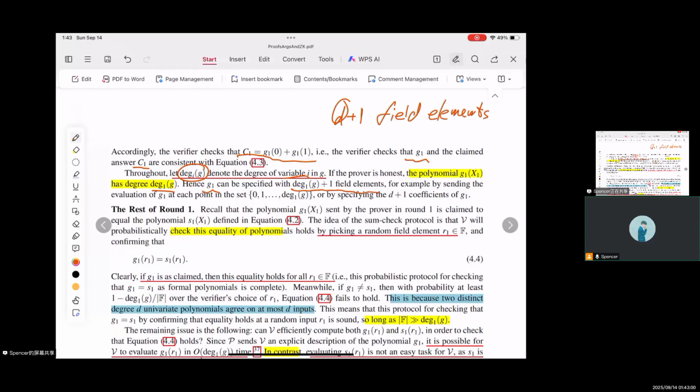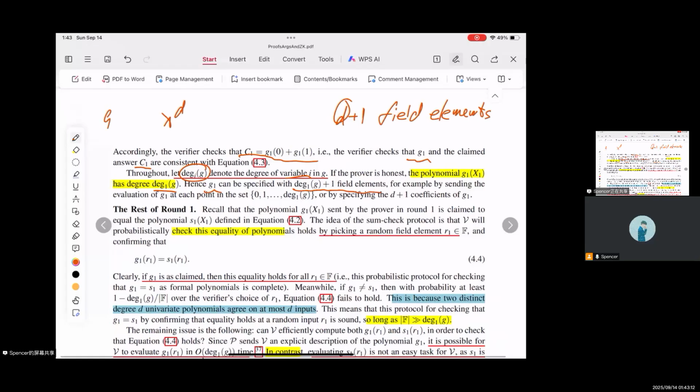Why? It's a very simple problem. If you have a polynomial with degree d, for example g(x) = x^d + a x^(d-1) + b x^(d-2) + c x^(d-3) and so on down to x^0, there are many coefficients.